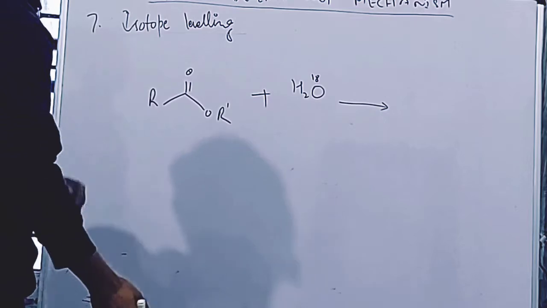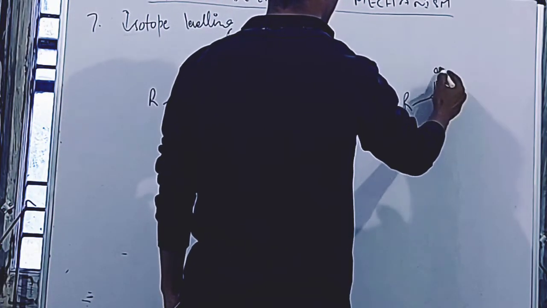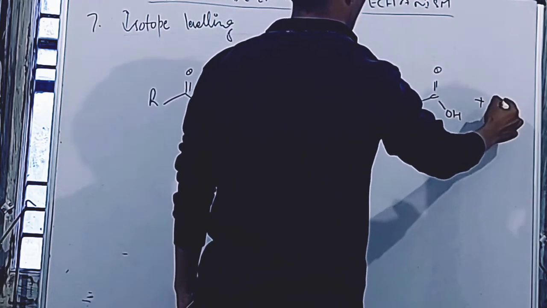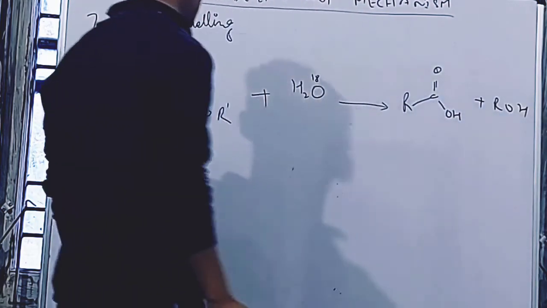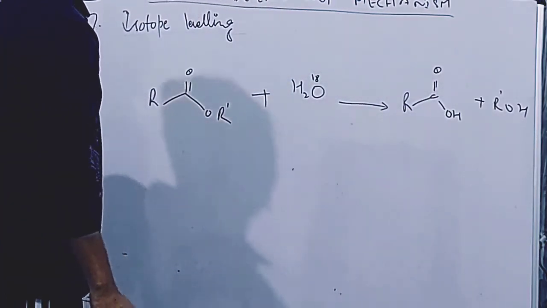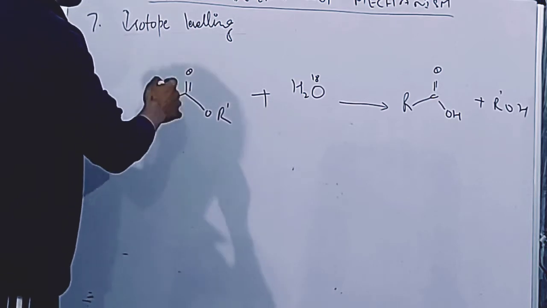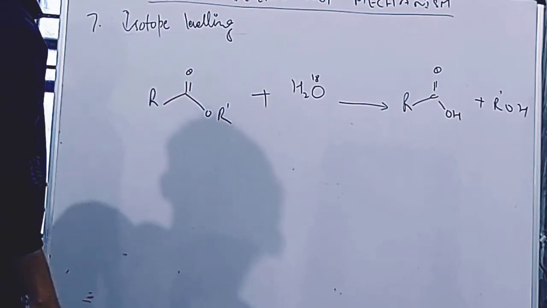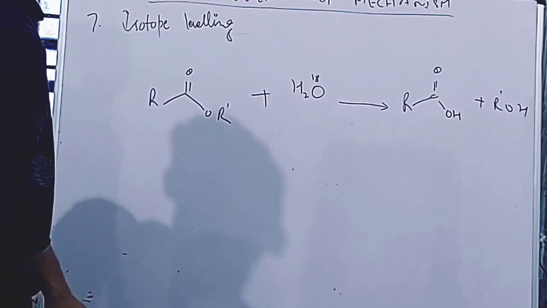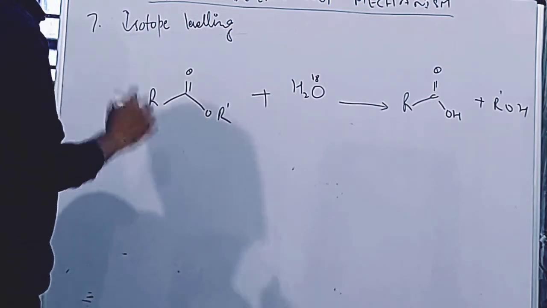There are two possibilities for the products. But the question arises, which bond of this oxygen or this oxygen is broken in this particular reaction? Is the acyl oxygen bond broken or the alkyl oxygen bond broken?